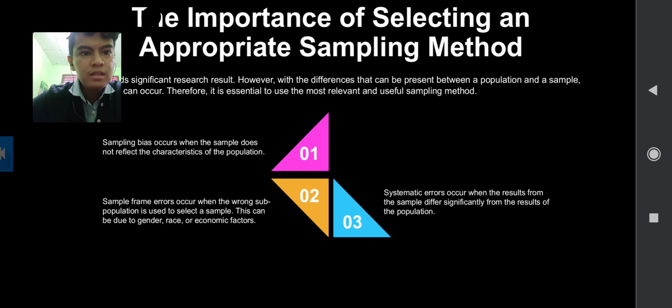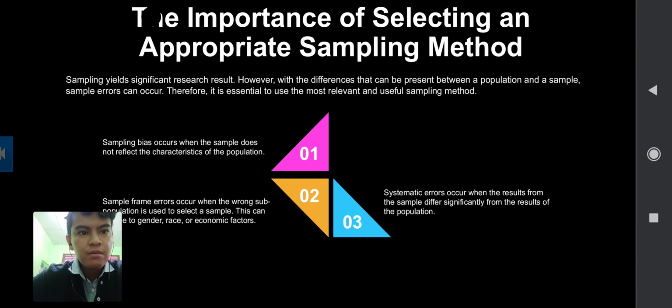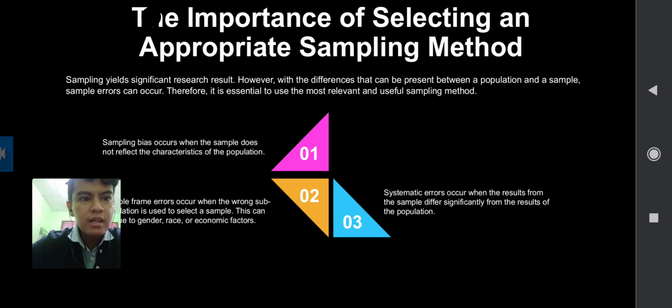Next, the importance of selecting an appropriate sampling method. Why is it important to select an appropriate sampling method? Because for those who want to collect a data sample, they need to choose the best and most appropriate sampling method, because they need to find the best data based on their research.